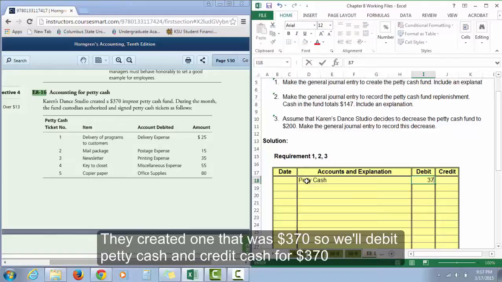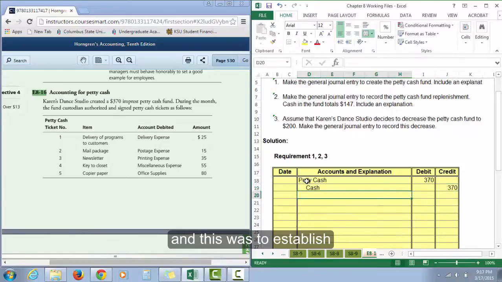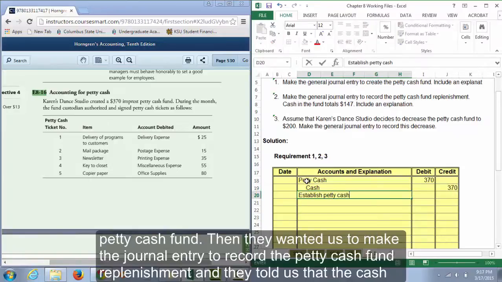So they created one that was $370, so we'll debit petty cash and credit cash for $370, and this was to establish petty cash fund.